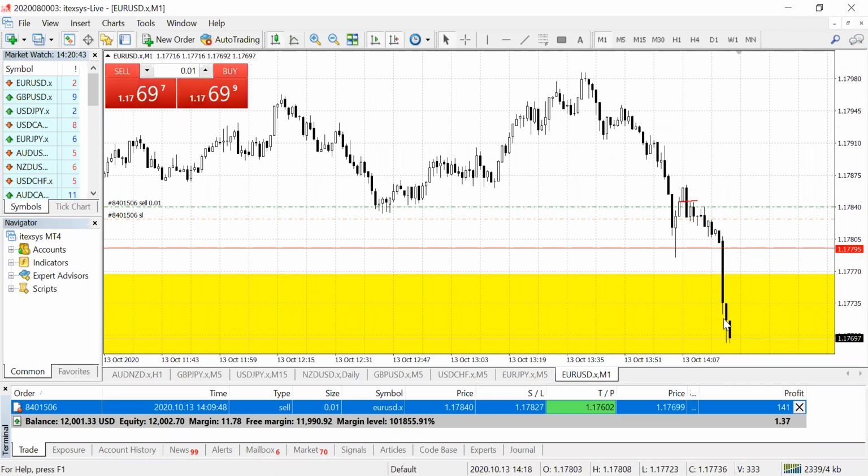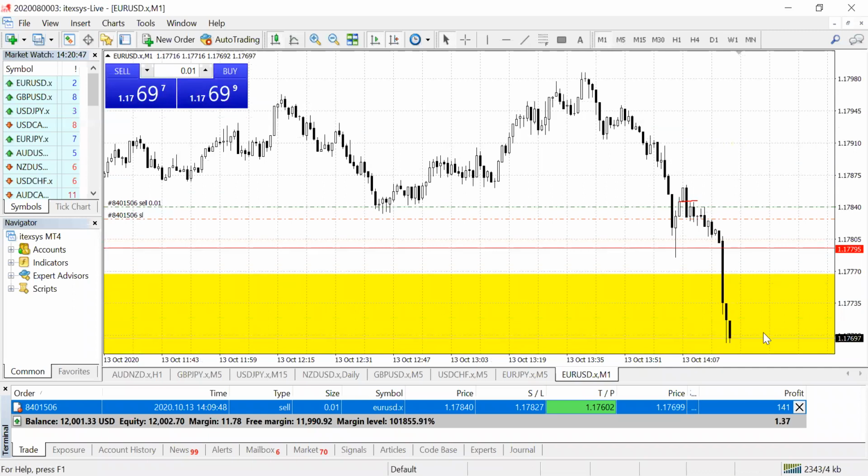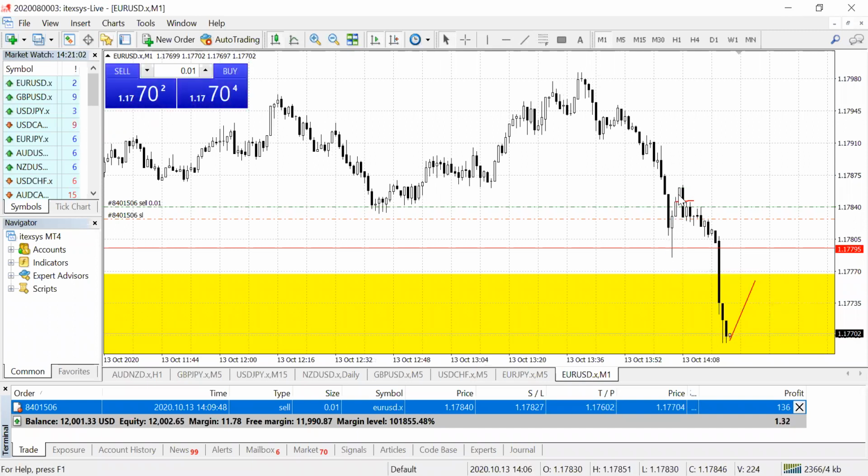Okay, so we do have a break, and it's breaking very, very strong. I could wait for a pullback, same as here, correct? We wait for this retracement, for this pullback, and then we try to join. We could do the same right now.